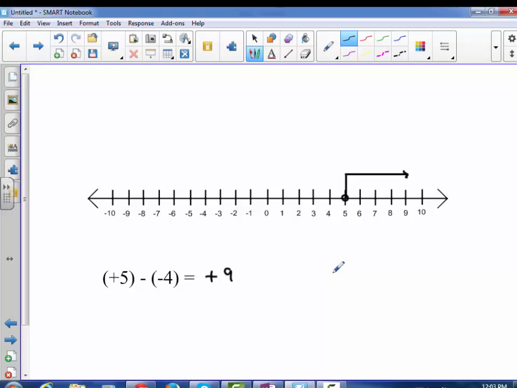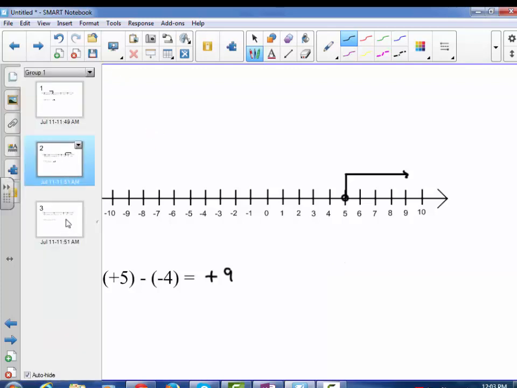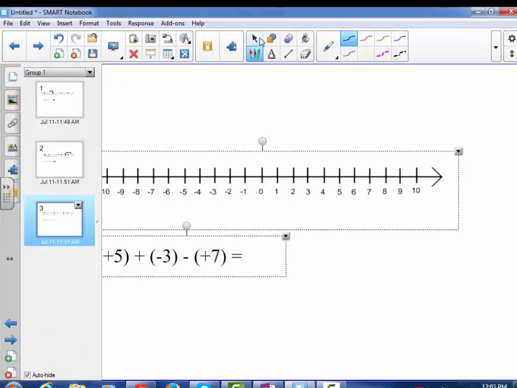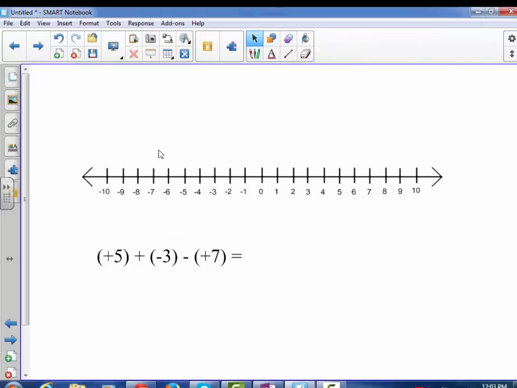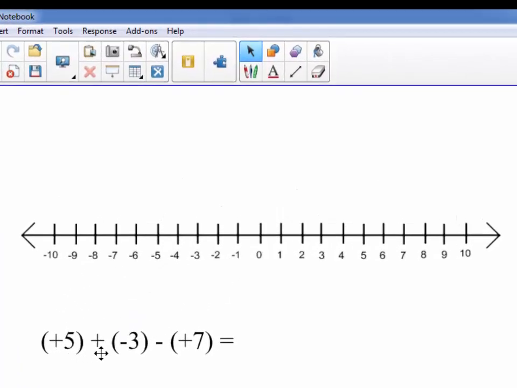Let's do something more complicated. I'm going to mix lesson 1 and lesson 2 in one example. I have a number line, now I have 3 integers and 2 different operations, so it's mixed between lesson 1 and lesson 2. No problem. First thing, I have to locate the first integer, +5.